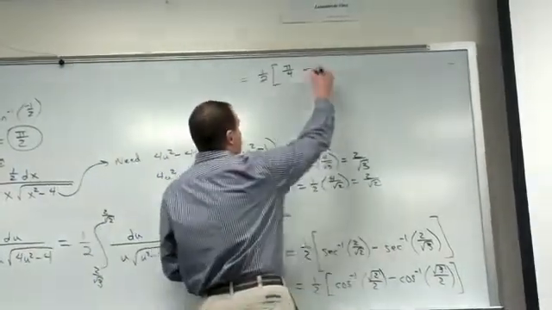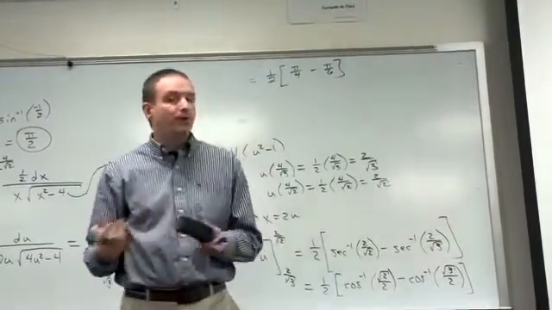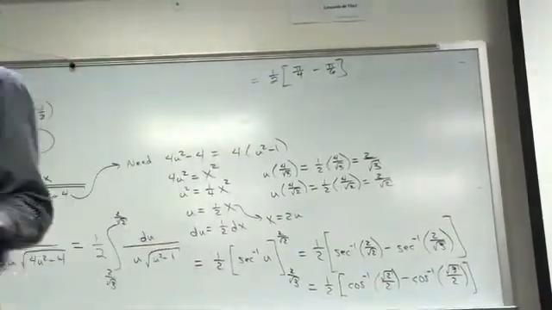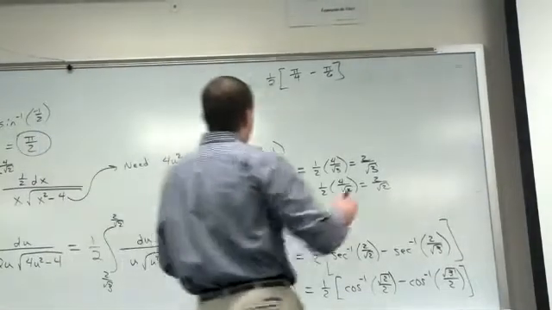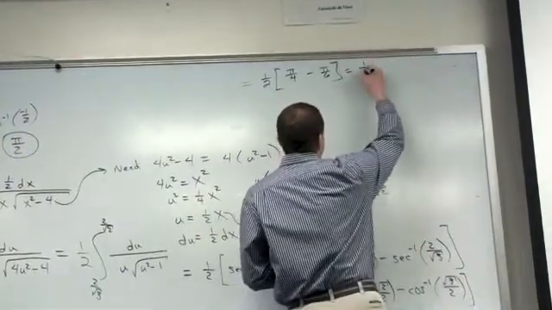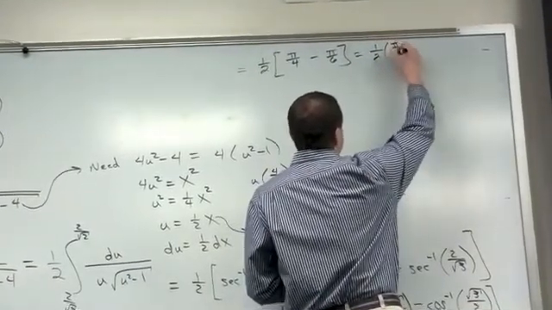We know pi over 4 minus pi over 6. That's like 3 pi over 12 minus 2 pi over 12, so it's pi over 12. 1/2 times pi over 12. Pi over 24.